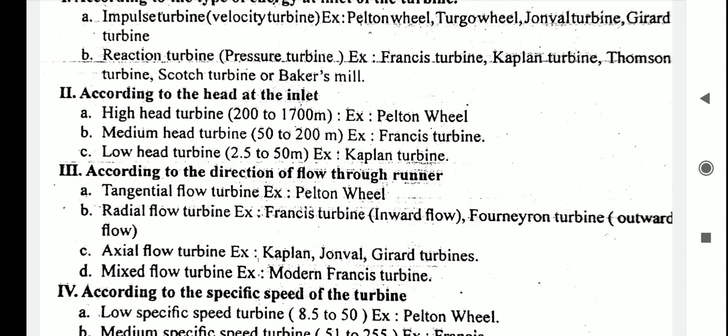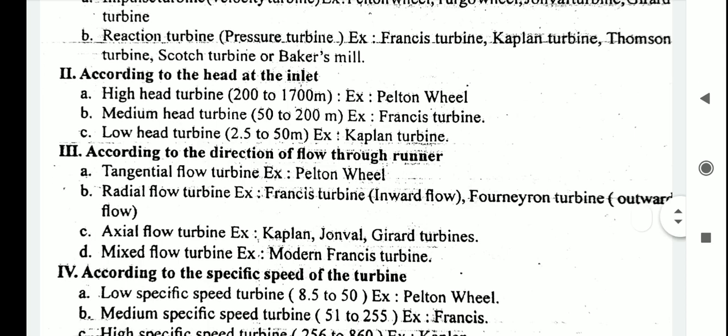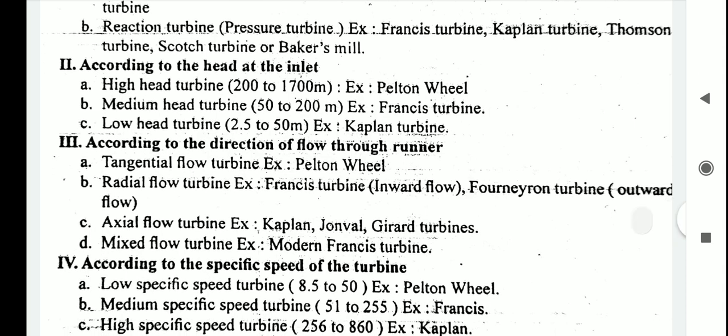The second one is the radial flow turbine. Here, in radial flow machines, the water flows along the radial direction, and flow remains normal to the axis of rotation as it passes through a runner. It may be inward flow or outward flow.